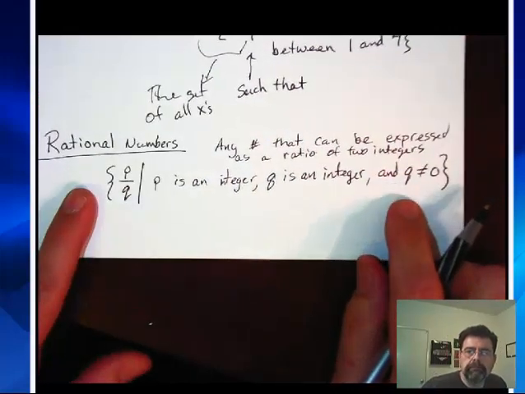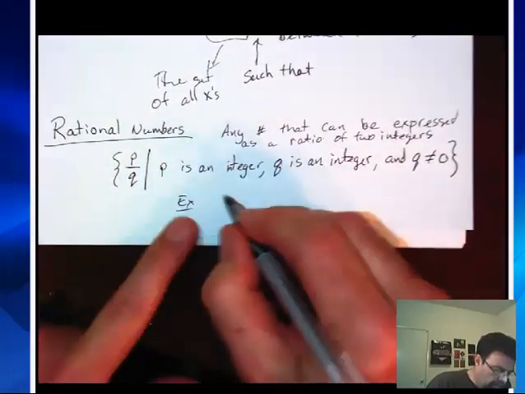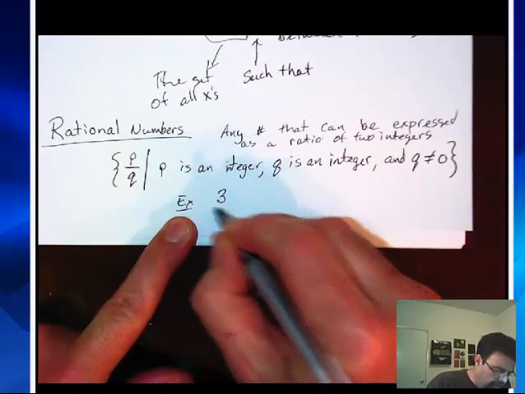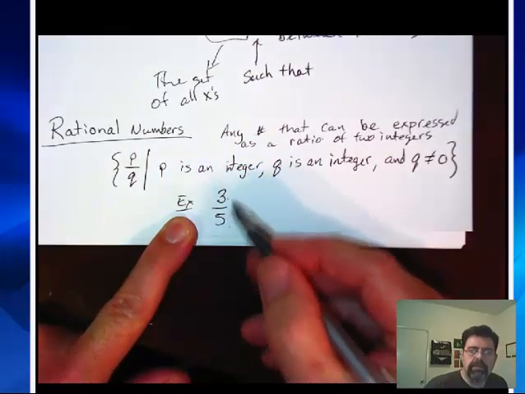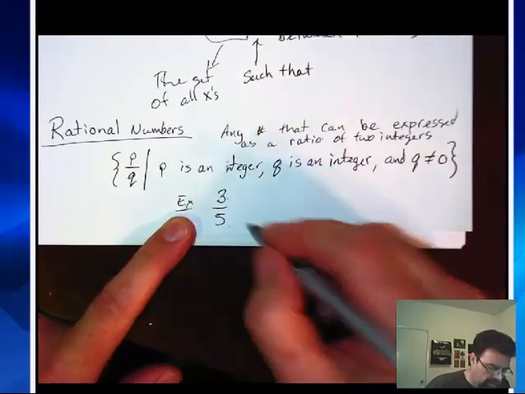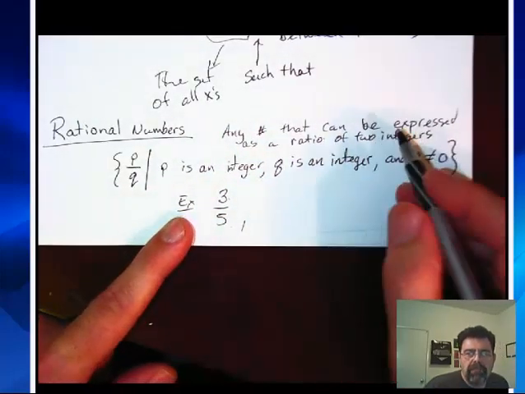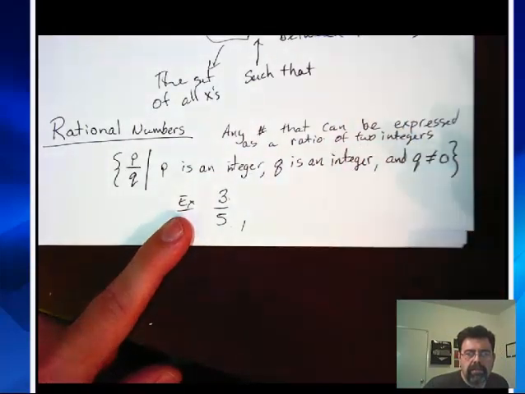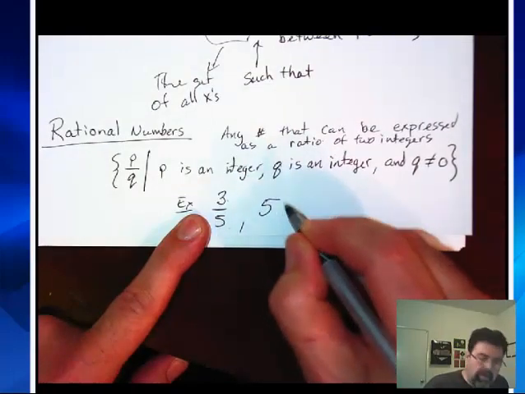Okay, so this is the same thing using set builder notation. So an example would be 3/5. So 3 is an integer, 5 is an integer, and that's a ratio of two integers. Now the key thing is can be expressed, so it doesn't have to be written as a fraction to be a rational number.